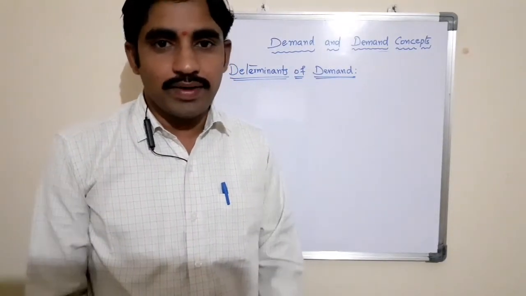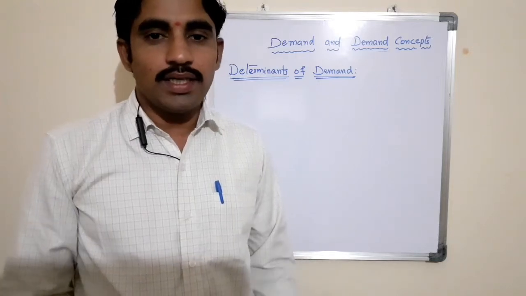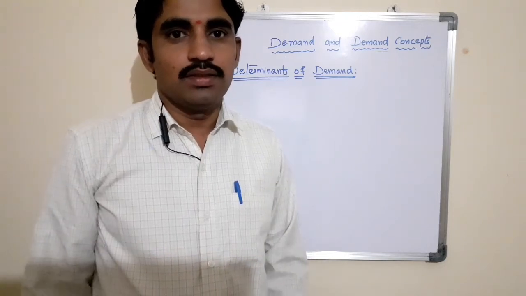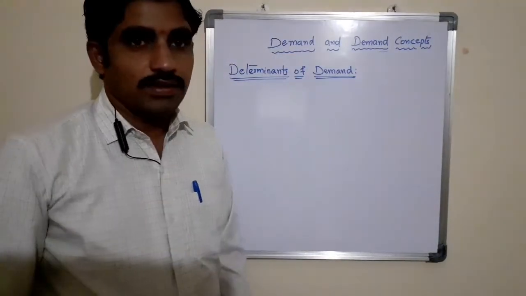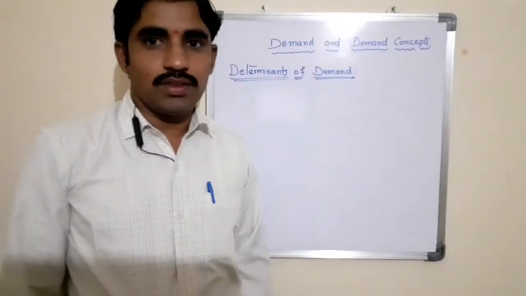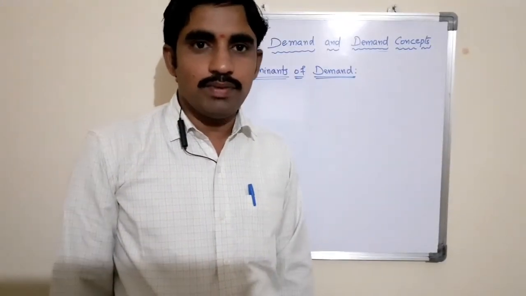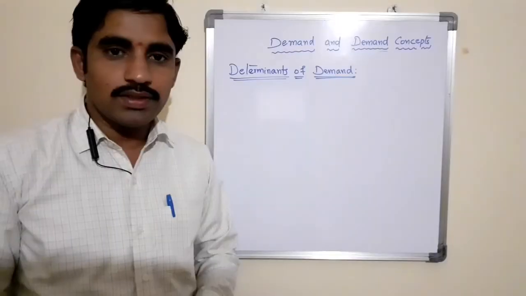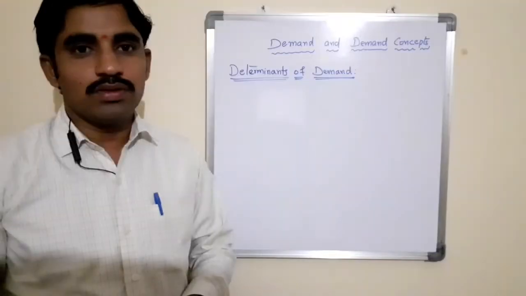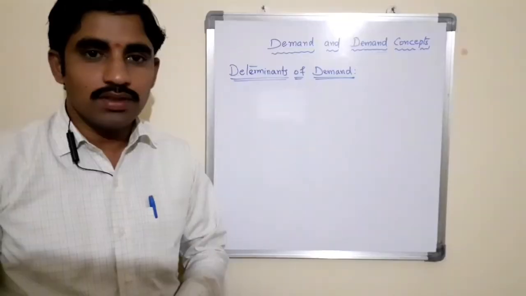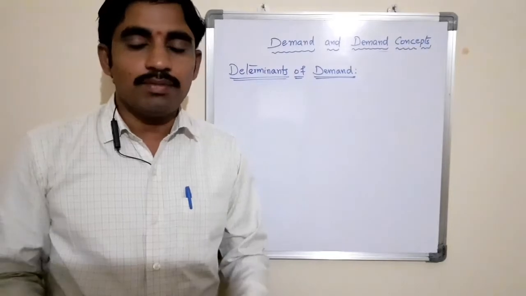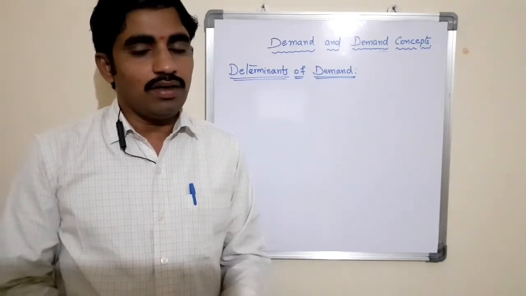So what are the different factors that are directly or indirectly influencing the consumer to take the decision on purchase? The quantity demanded for a commodity or service is influenced by various factors such as price of the product, consumer's income level, taste and preferences of the customer, growth of the population, prices of the related goods, expected prices of the related goods in the future, expected prices of the current product in the future, expected income level of the consumers in the future, and all other factors.